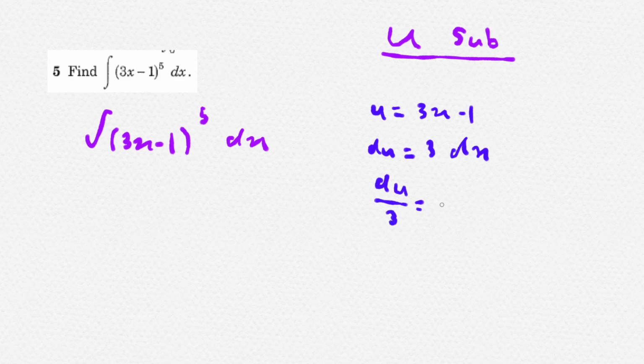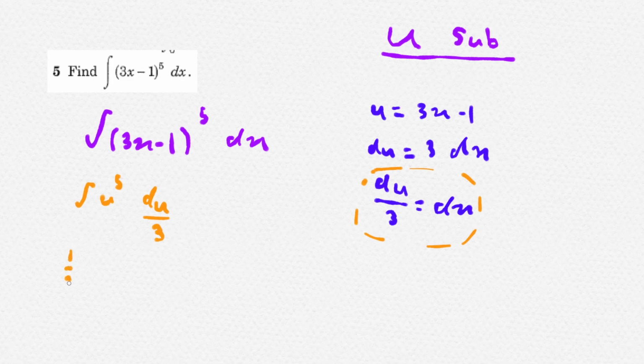Now let's sub this back into our integration. So the integral of 3x minus 1 to the power of 5 dx will become the integral of u, since we substituted u as 3x minus 1, to the power of 5 du over 3. It is du over 3 since we know dx is equal to du over 3.